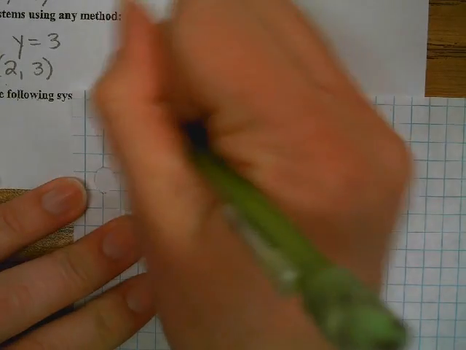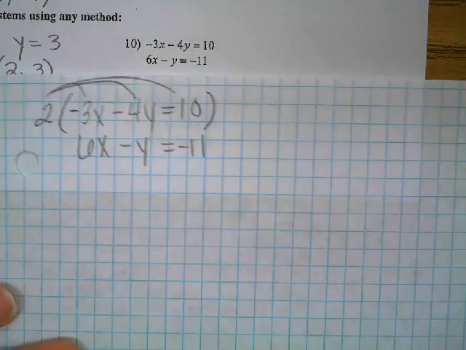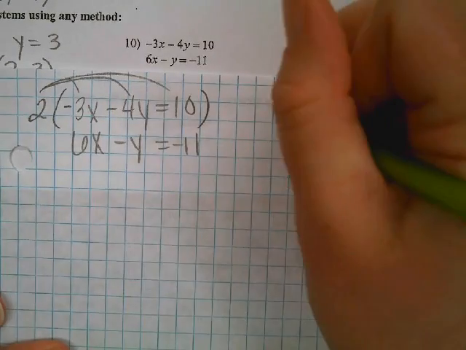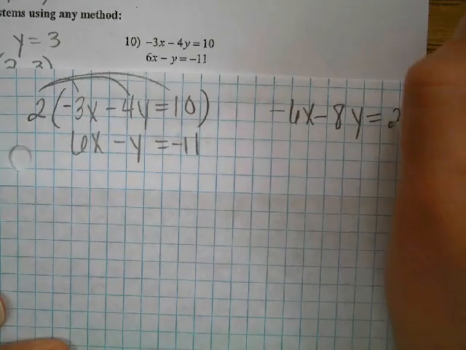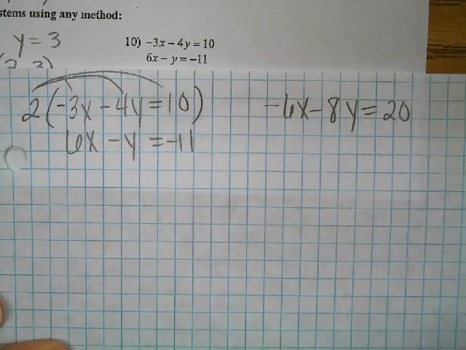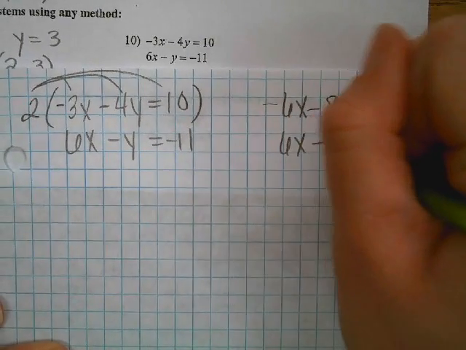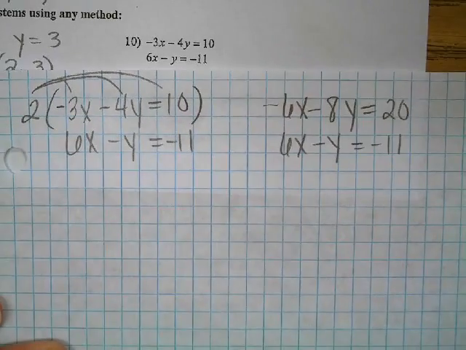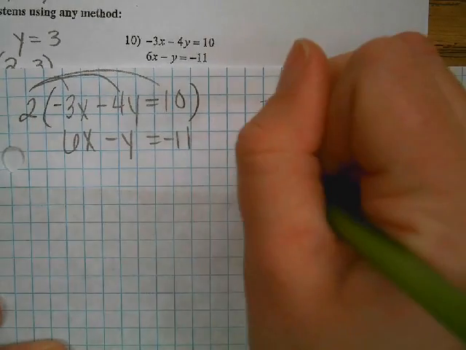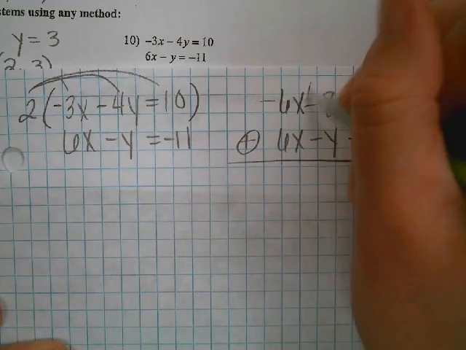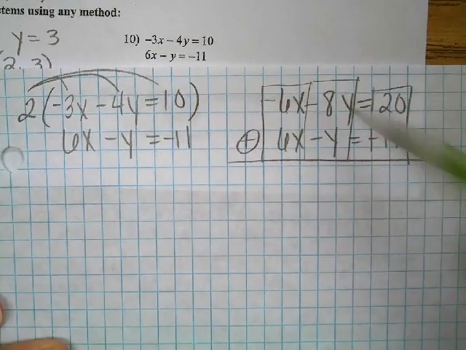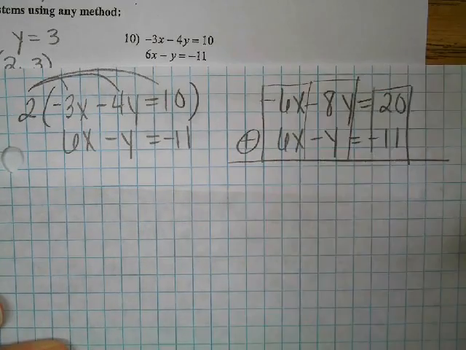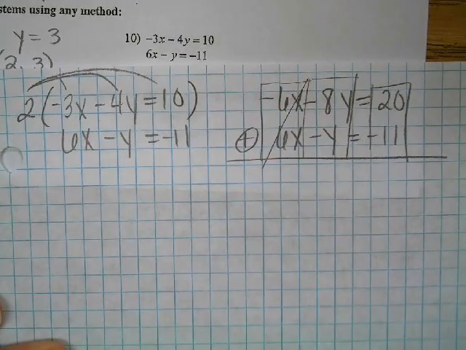So distributing a 2 to all the terms, I'll get negative 6x minus 8y equals 20. I'm not going to do anything to the bottom equation, so I'm just going to copy it down next to it. And now when I add my x's, they're going to get eliminated because negative 6x plus 6x is 0.